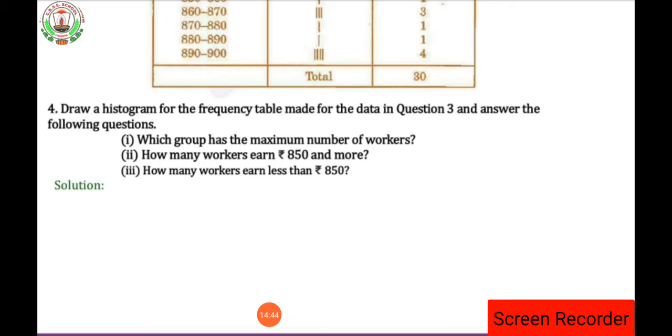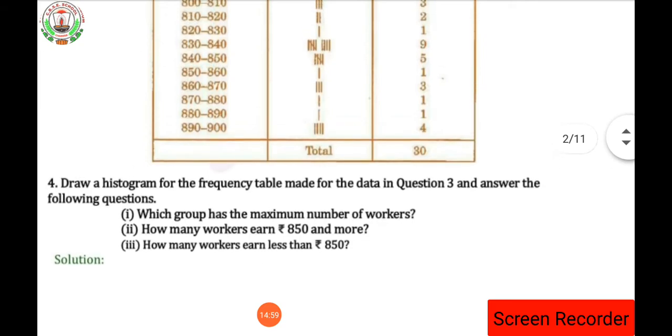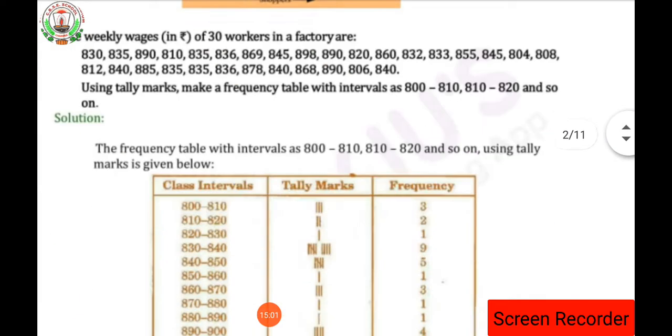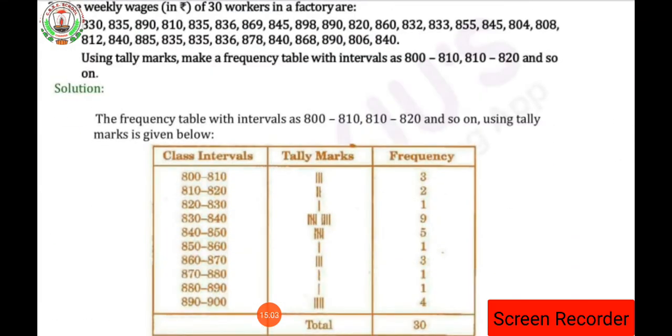First question is, which group has the maximum number of workers? Then, how many workers earn rupees 850 and more? Okay, how many workers earn less than 850? These questions we can easily answer using the data, isn't it?